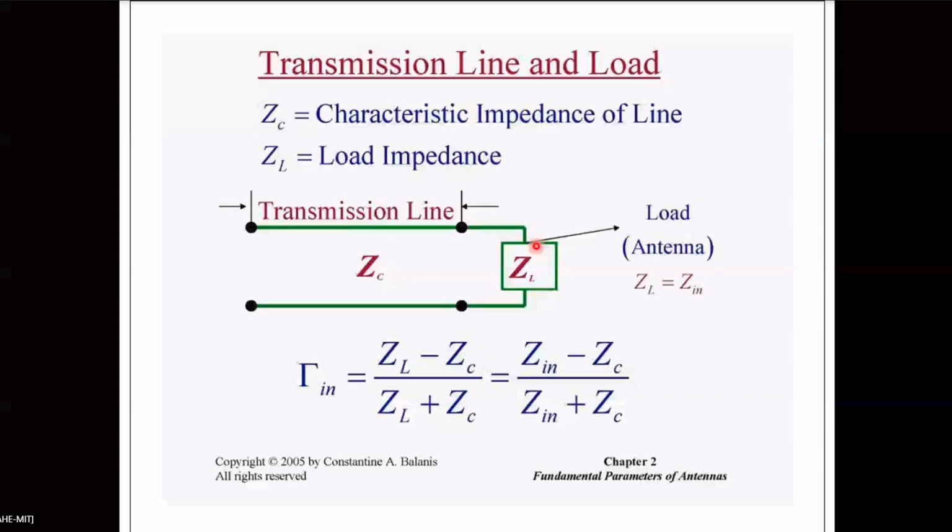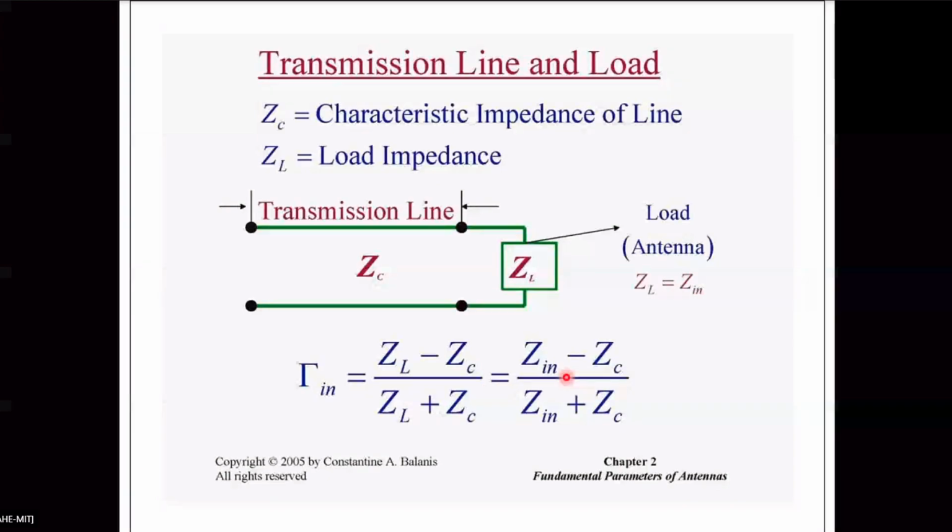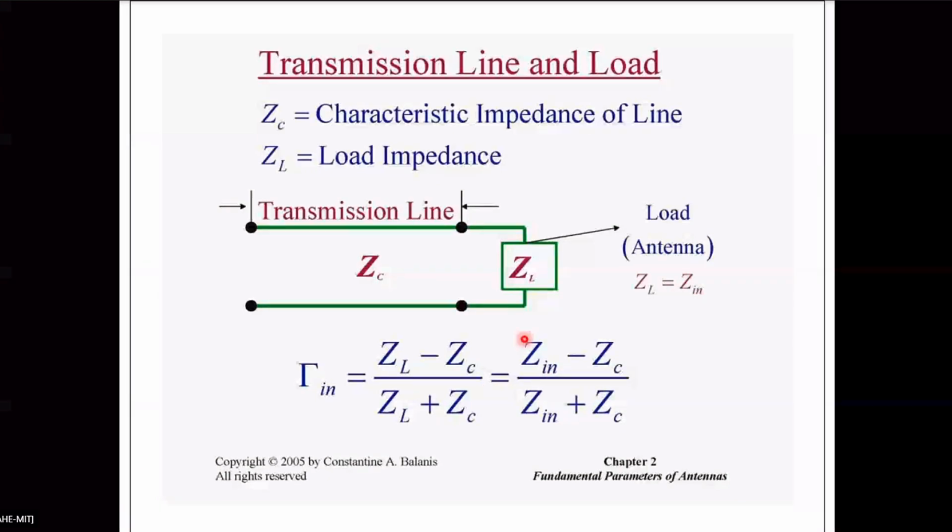If you have a transmission line with characteristic impedance ZC, and you treat the antenna input impedance Zin as ZL, then tau in is given by (ZL minus ZC) by (ZL plus ZC). All of you know this. ZL is nothing but Zin, the input impedance of the antenna.